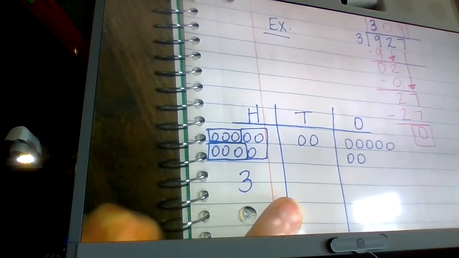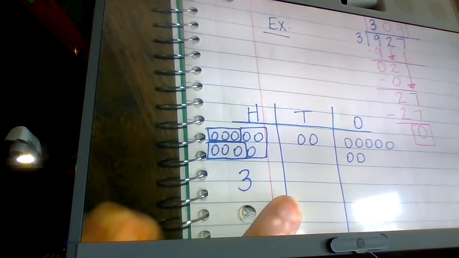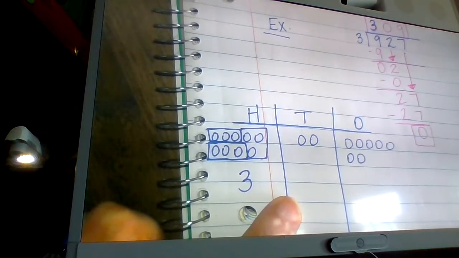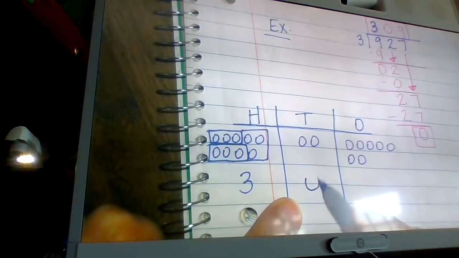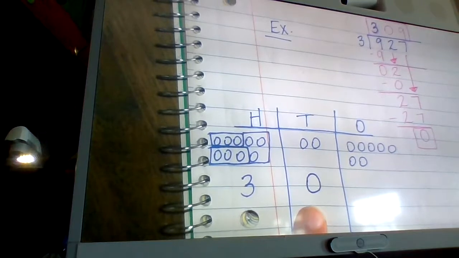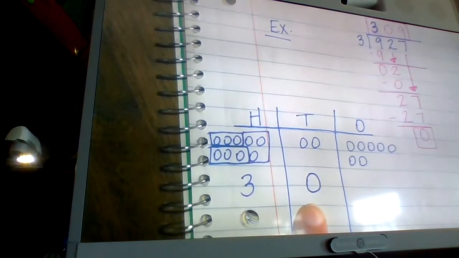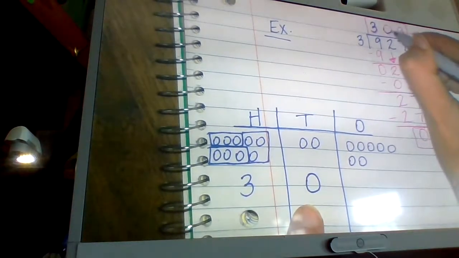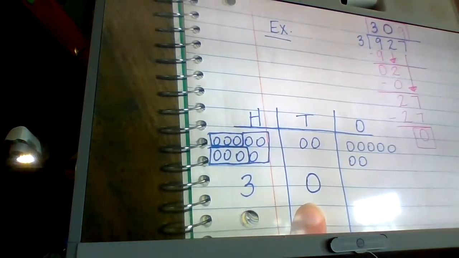Uh-oh, there's only 2. I cannot make a group of 3 in the tens place. So I cannot make any groups of 3 in the tens place. Let's see how that correlates to the standard algorithm. Oh, I also could not make any groups of 3 in the tens place.